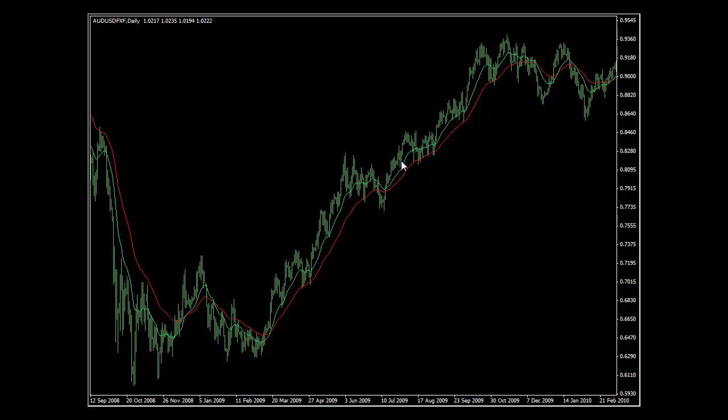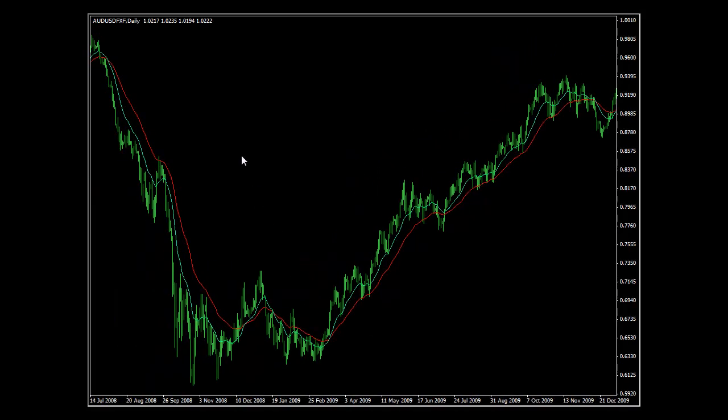I just want to give you a wide perspective. If it's above the 40, very simple rules. If the 18 period exponential moving average on a daily basis is greater than the 40 period exponential moving average on a daily basis, you want to be looking for buy signals. If the 18 period is below the 40, it's very simple. You're looking for sell signals.